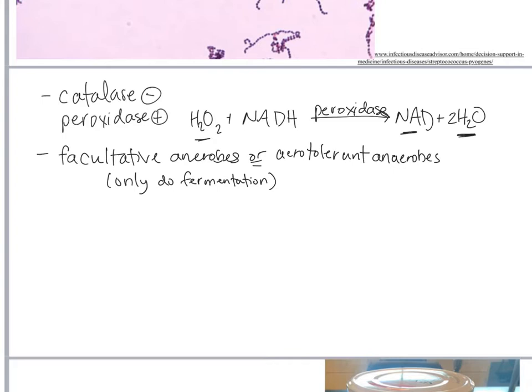So the reason that we call them facultative anaerobes or aerotolerant anaerobes when they don't even do aerobic respiration is because some of them actually produce certain virulence factors. They're only expressed in aerobic environments.